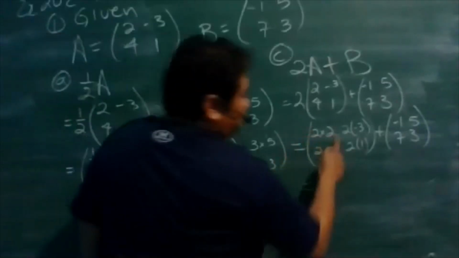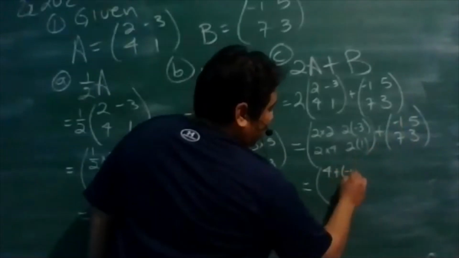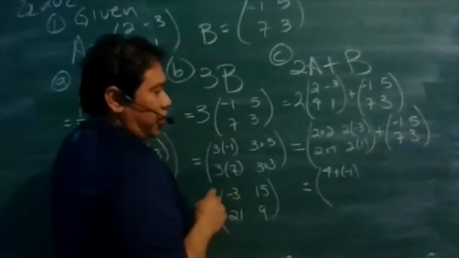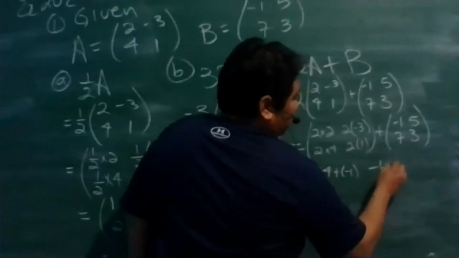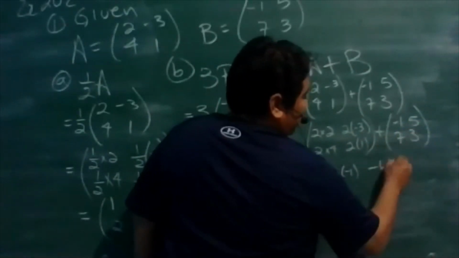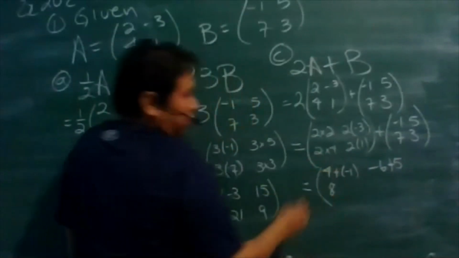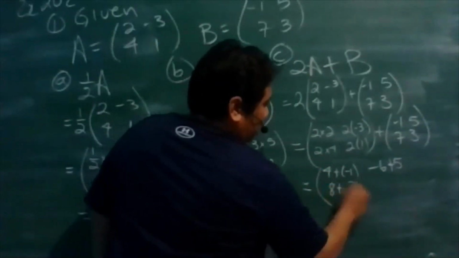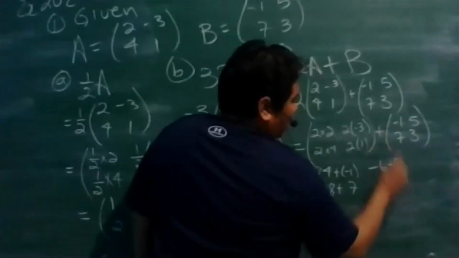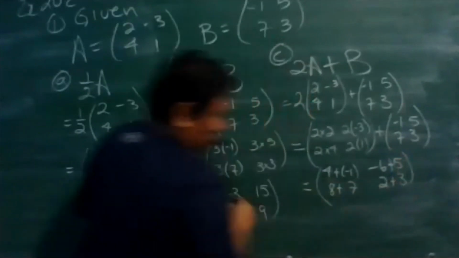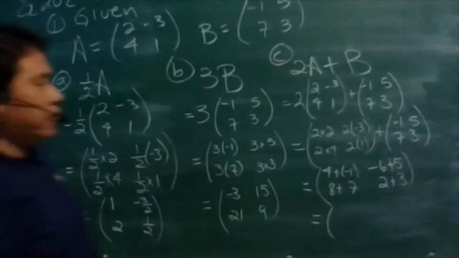So 2 times 2 I know is 4, but I have to add the negative 1 that is in the first element. 2 times negative 3 is negative 6, but I have to add it to 5. 2 times 4 is 8, but I have to add it to the 7. And 2 times 1 is 2, but I have to add it to the 3, which will give me a final answer.